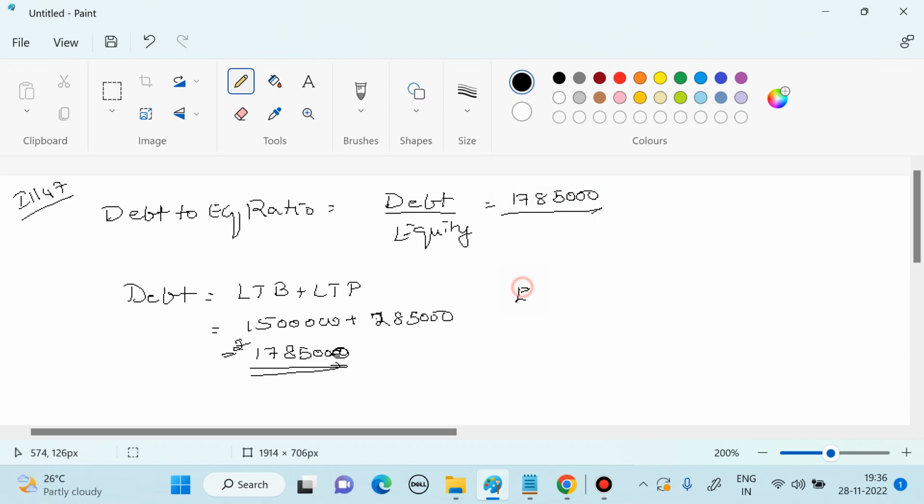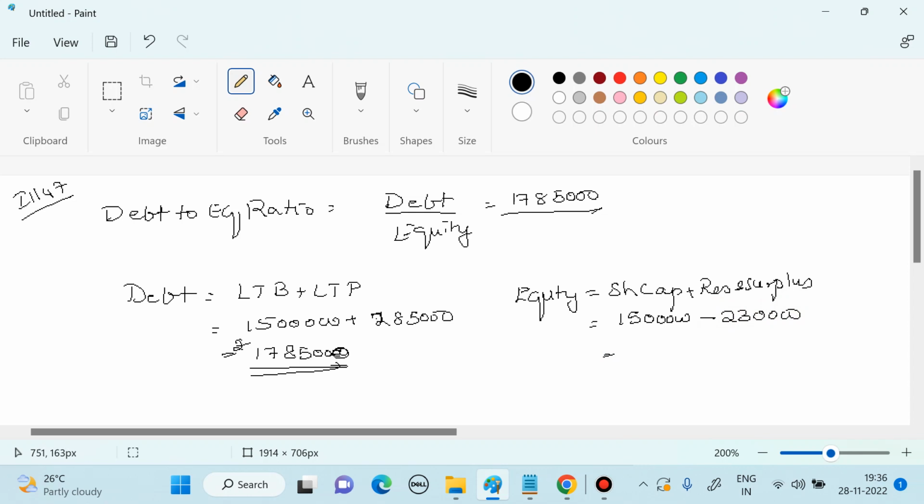For equity, look at the shareholders fund. Shareholders fund given there. Share capital plus reserves and surplus. What is share capital? 15 lakhs. Reserves and surplus is a negative 2 lakh 30.